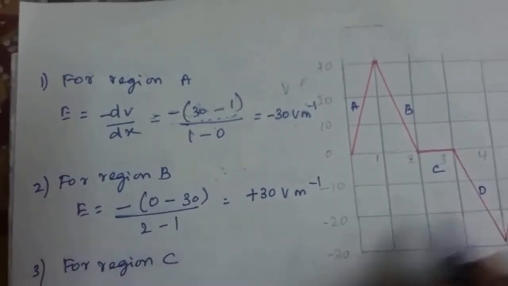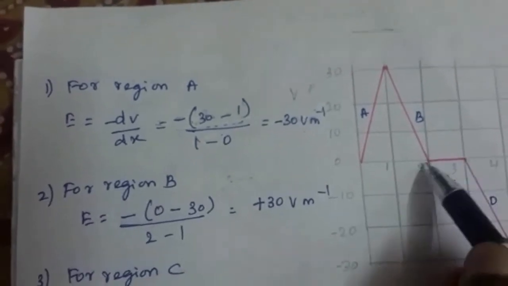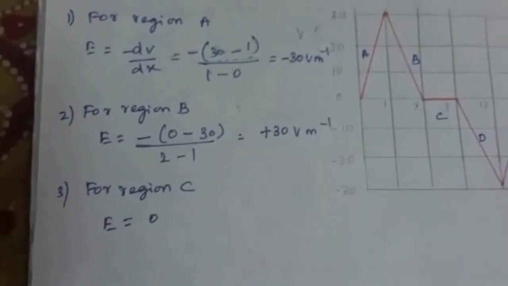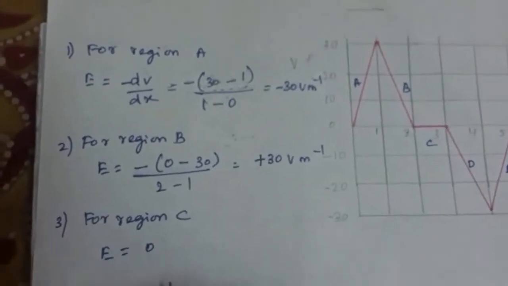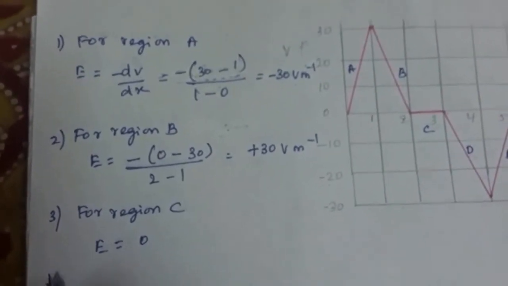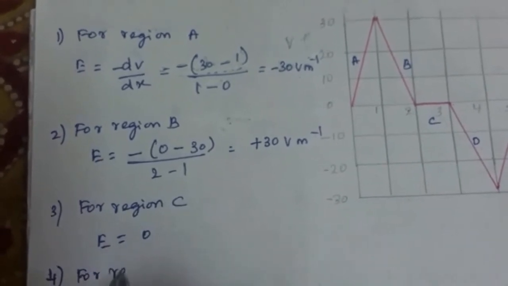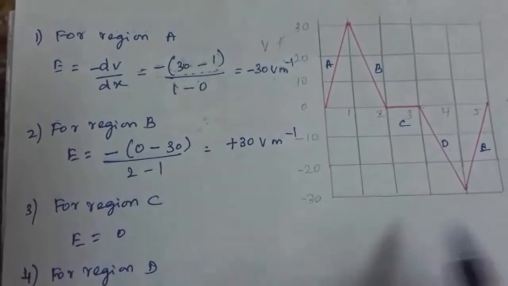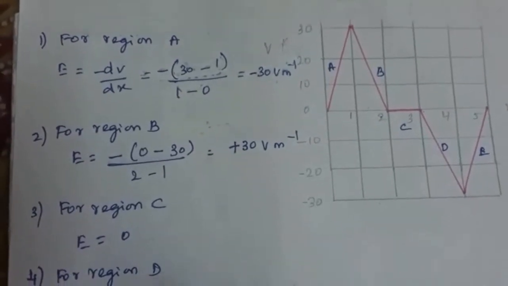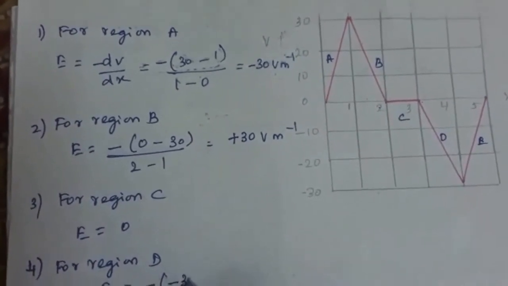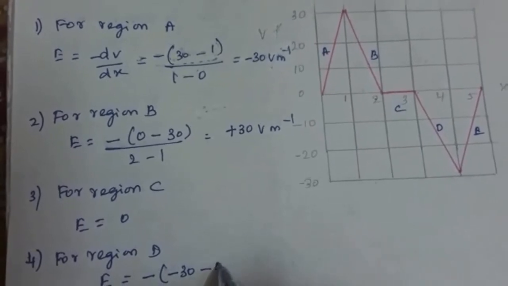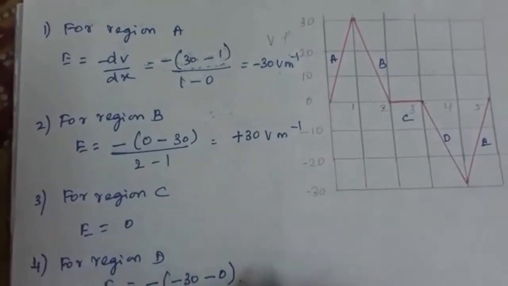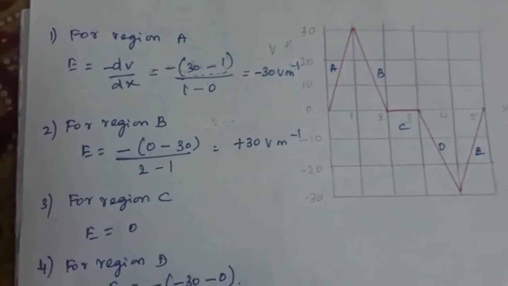Now for region C, the potential remains constant, so E is 0. No need to compute it further. Now for region D, your final is 0, initial is minus 30, and your distance is 4 minus 3.